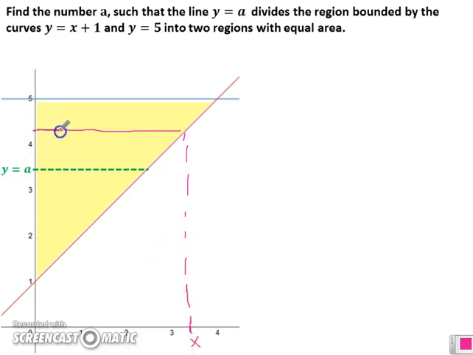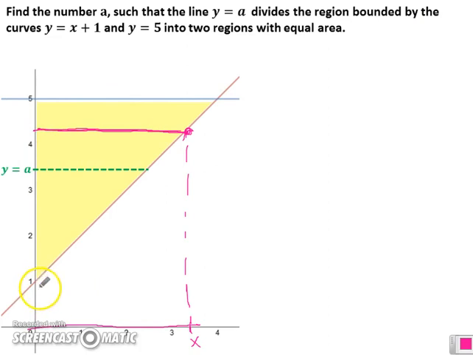So we're measuring horizontally, which tells us that we're going to integrate with respect to y, and we're going to need to solve for x because this horizontal distance is measured by the x-axis. Okay, and we want this area to equal this area. We want this little triangle here to equal this trapezoid here.